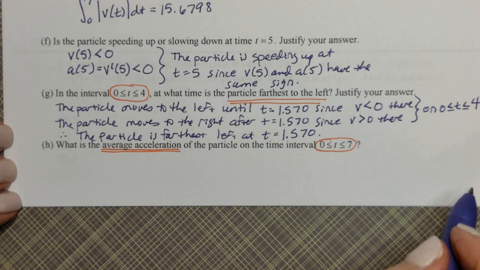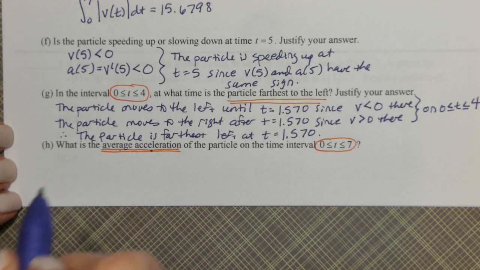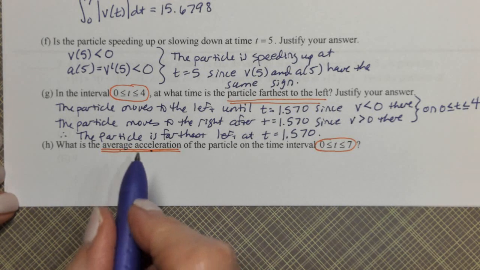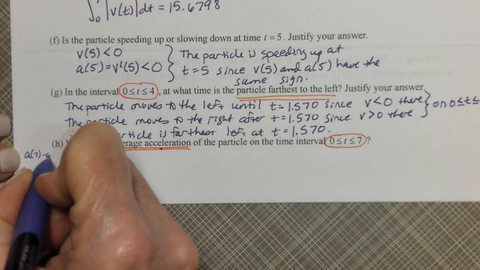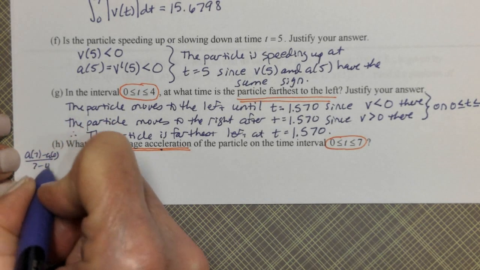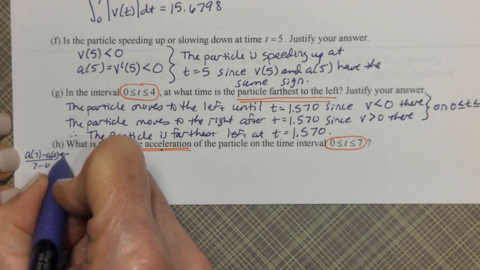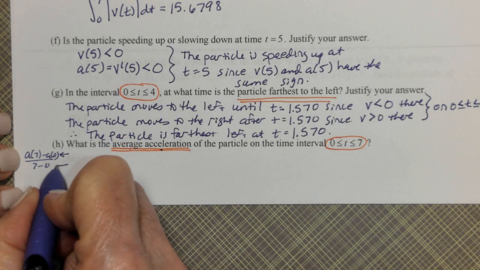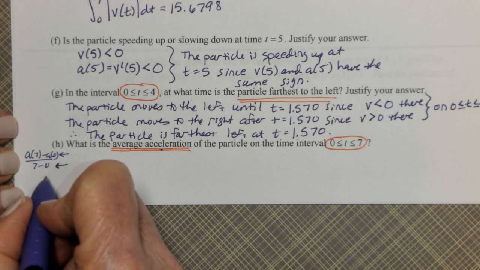And I say that because when students see average acceleration, a lot of times they want to do a of 7 minus a of 0 over 7 minus 0. They want to do that, but if they do that, you're taking units of acceleration and dividing by units of time. That is not going to give you units of acceleration.